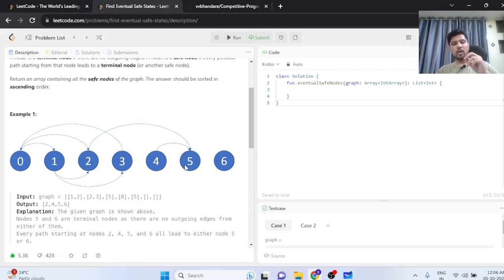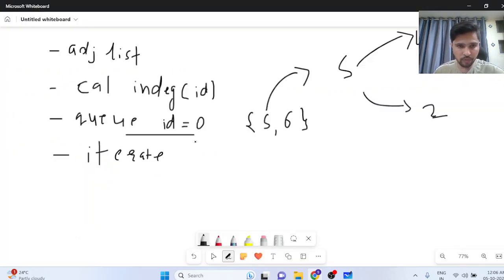One more thing I forgot here: we have to maintain, or maybe it's not necessary actually, anyways we are maintaining the in degrees for each of the vertices in step number 2.